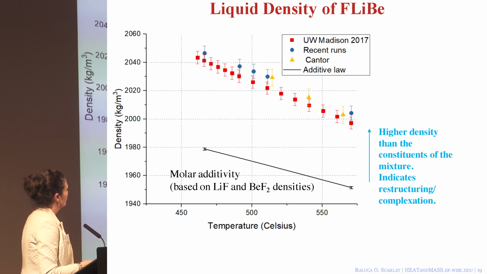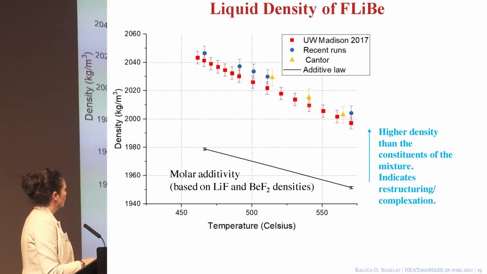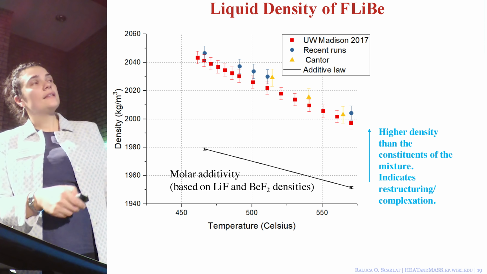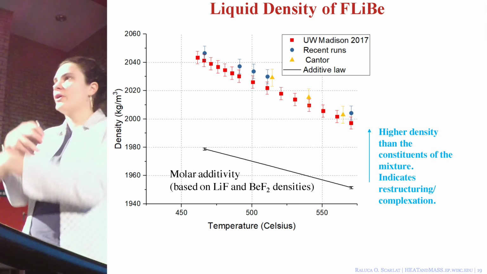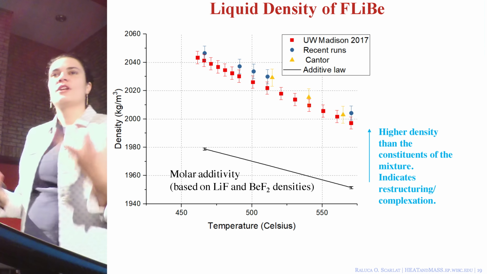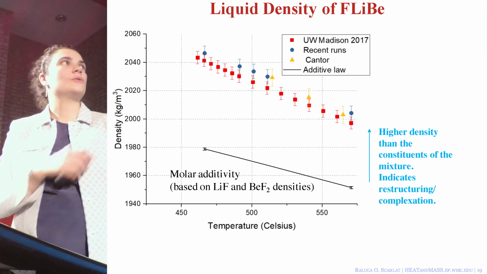And so here is lithium fluoride, beryllium fluoride, which is known to form complexes, and its density as predicted from an ideal mixture, where the constituents mix without restructuring or without forming complex structures, and we would predict a relatively low density, whereas when we actually make these measurements, we find that the density is higher. So when you mix lithium fluoride and beryllium fluoride, they shrink. And why do they shrink? Because they form new structures, and we need to understand what those new structures are. They tie to acidity.